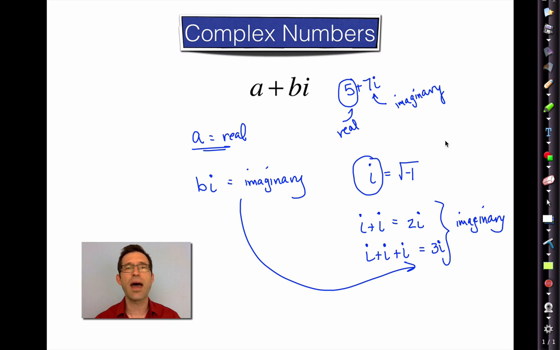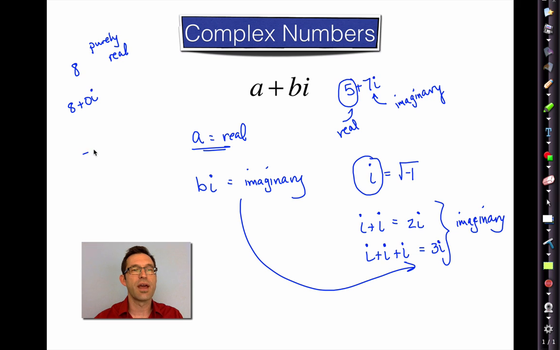Technically, that means that all numbers that you know about are complex numbers. We could have something like 8, which is purely real, but we could still consider it a complex number because we could write it as 8 plus 0i.